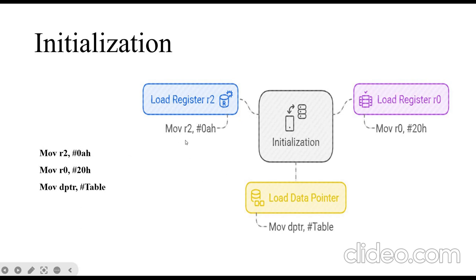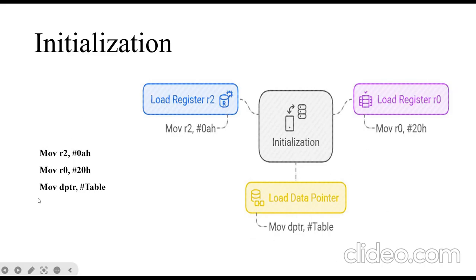Then next is MOV R0, #20H. We are loading register R0 with the address 20H, that is where the data will be copied.